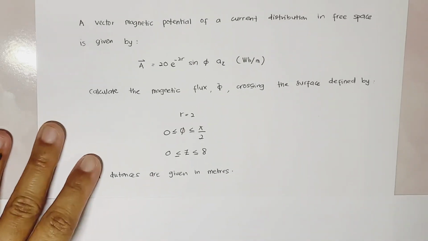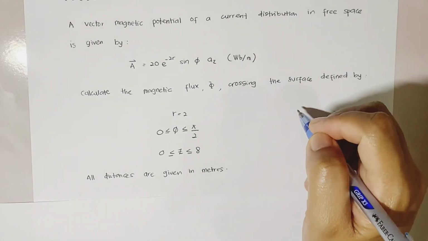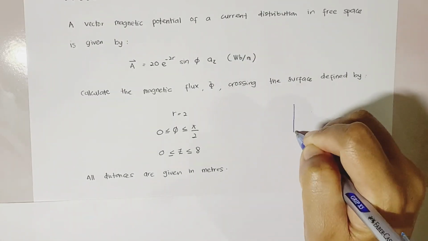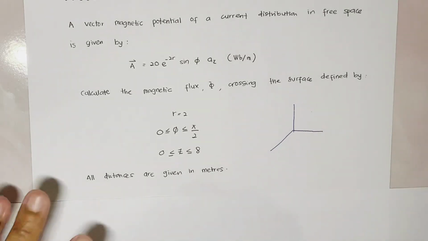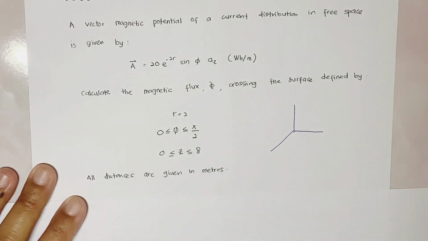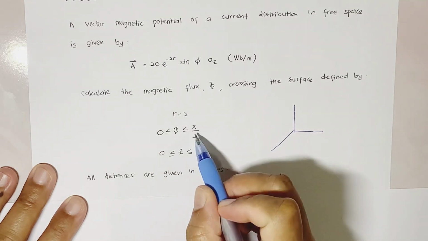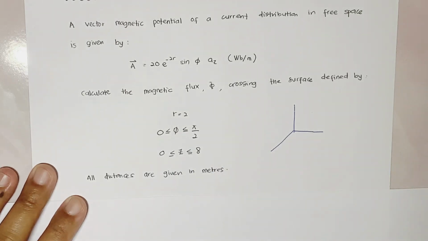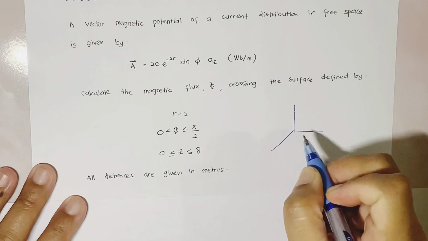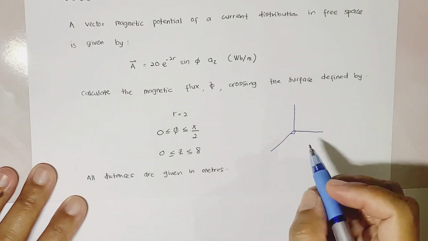So first, okay, you can draw the surface. The surface is between, this is 180 over 2, which is 90 degree. Okay, 90 degree.